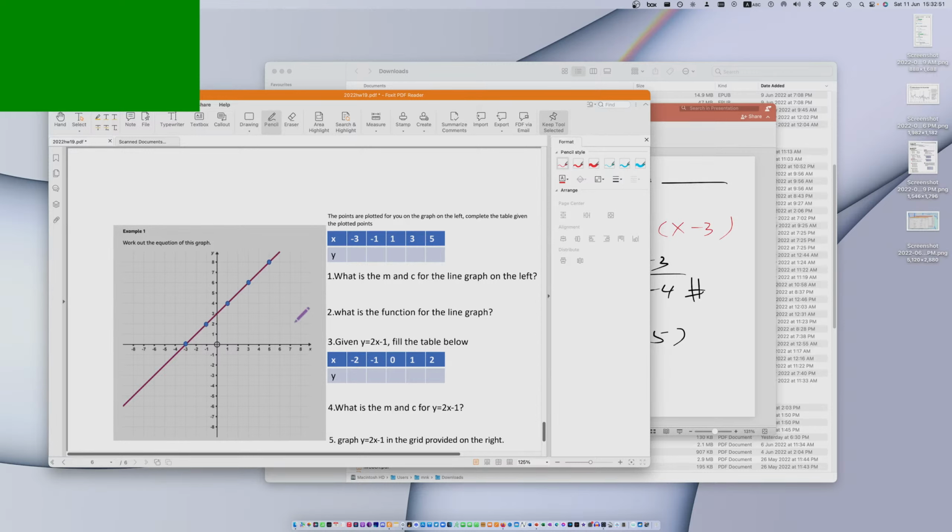So what is the y? Read from your graph. 0. Quick, continue. 2. 1. 1 is negative 1.